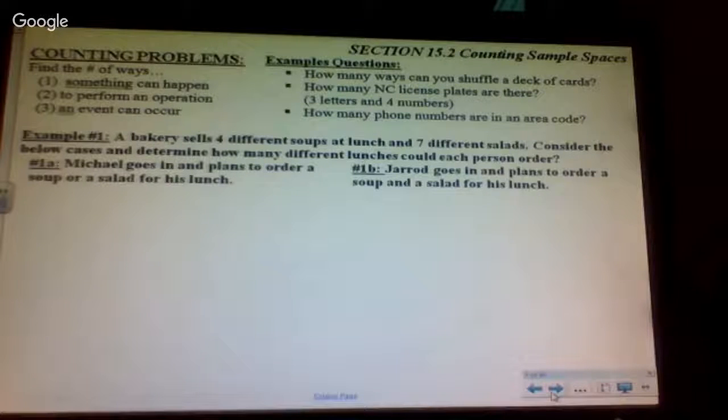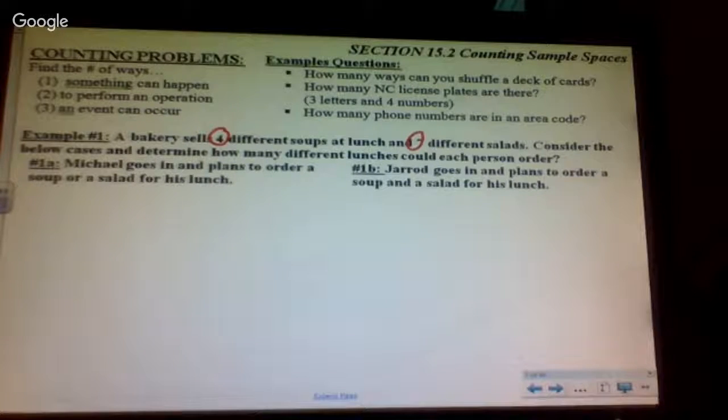Michael goes in and plans to order a soup or a salad. How many options does he have? You could order a soup or a salad. We've got 4 and 7. Yes, 11.